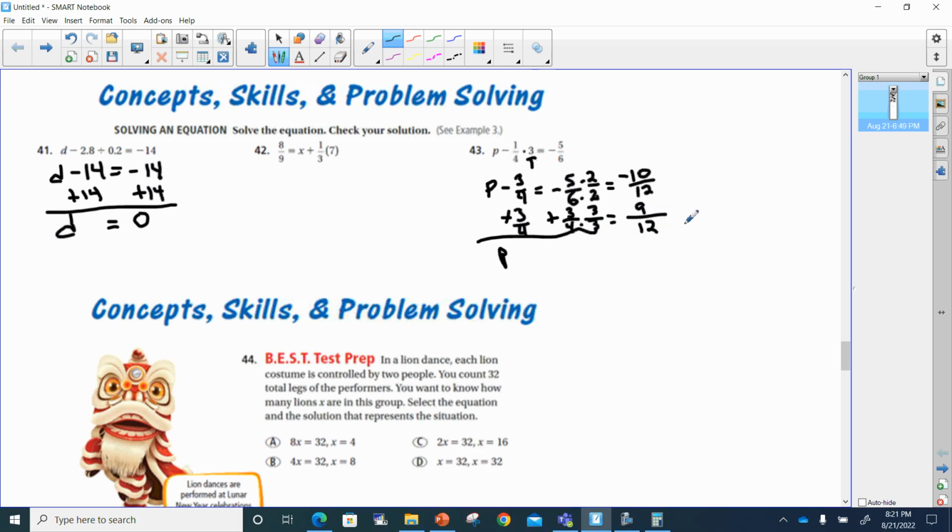Now we have negative 10 and positive 9. Remember, when my signs are different, I find the difference. That means I have 10 minus 9, which is 1. And I keep the sign of the bigger number, so it'll be a negative 1. So this is going to be equal to negative 1 over 12.